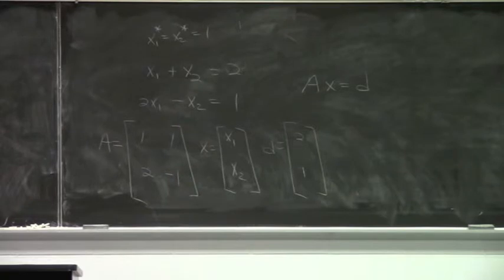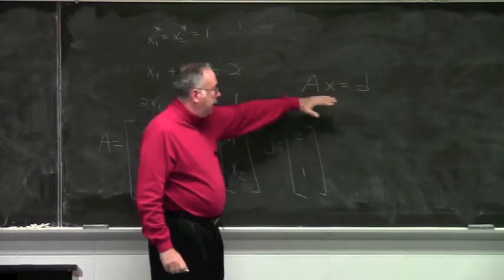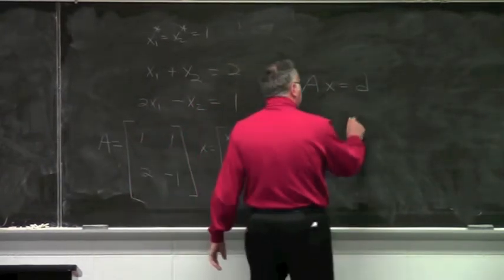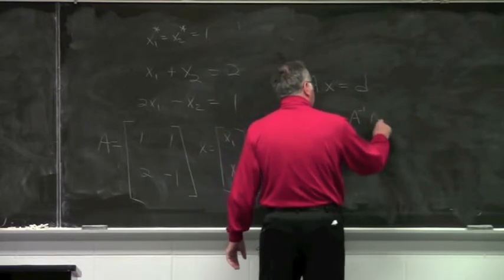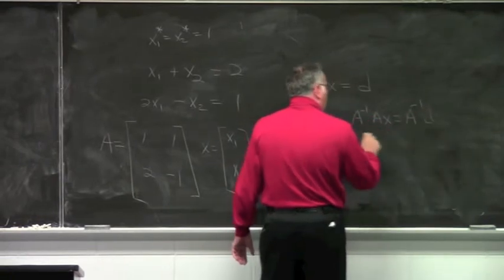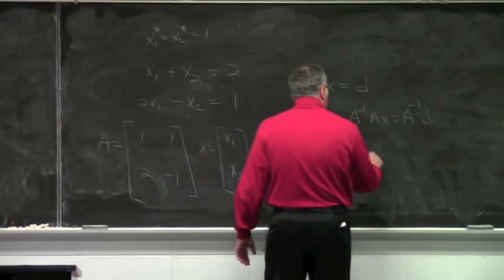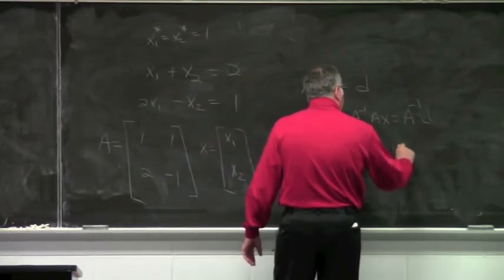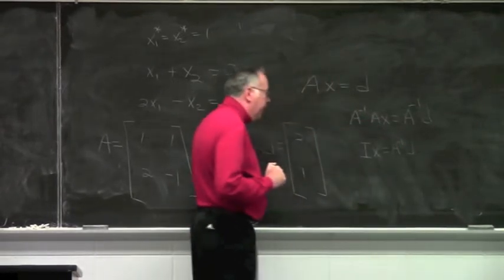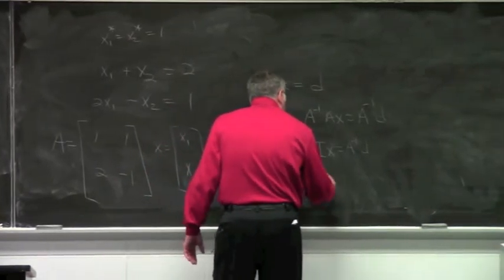Recall that if we could find A inverse, we could multiply that A inverse times both sides. And then this equation would reduce to this. A inverse AX equals A inverse D. Or A inverse times A, which is I, the identity, IX equals A inverse D. And then we could just delete the identity and then call this X star.